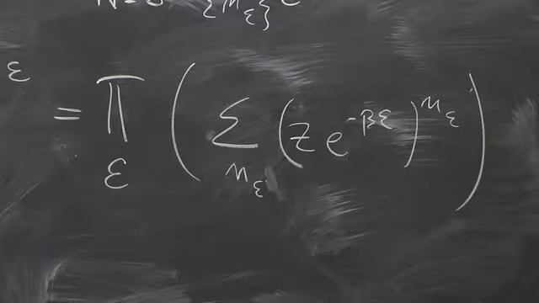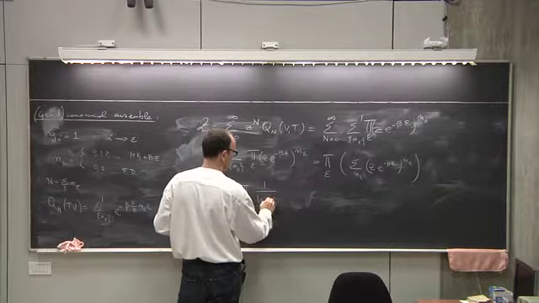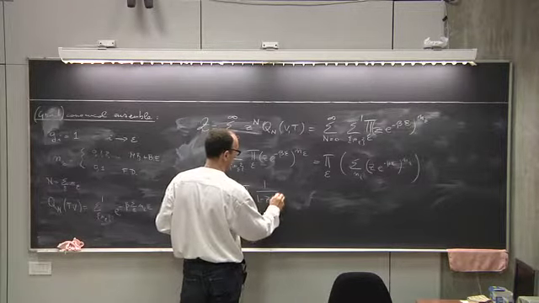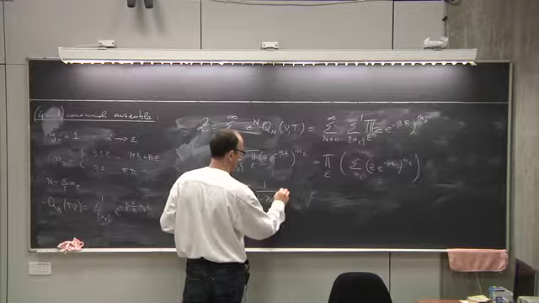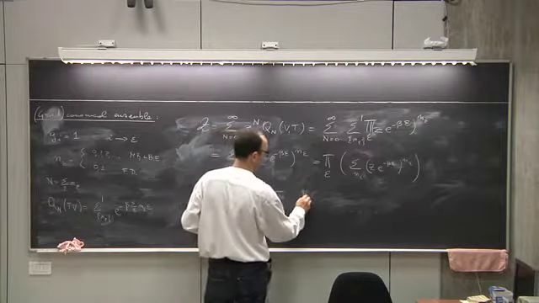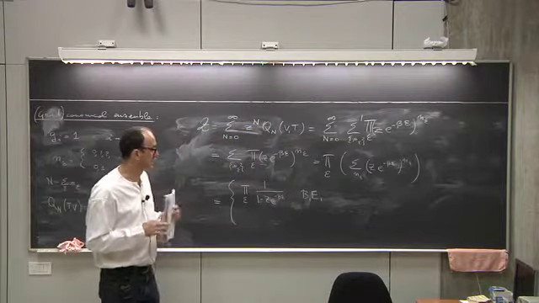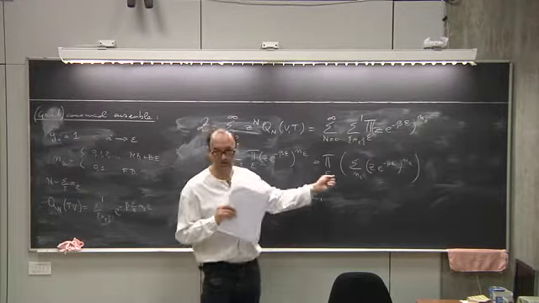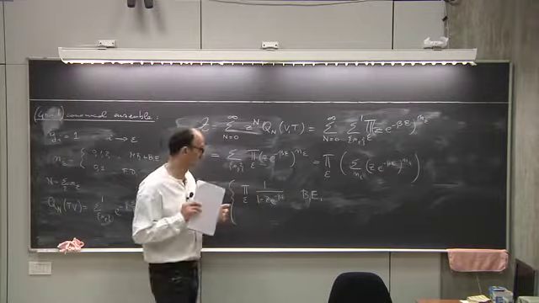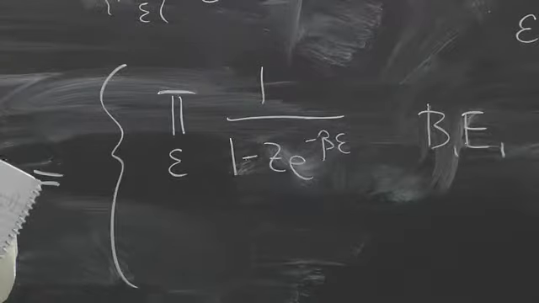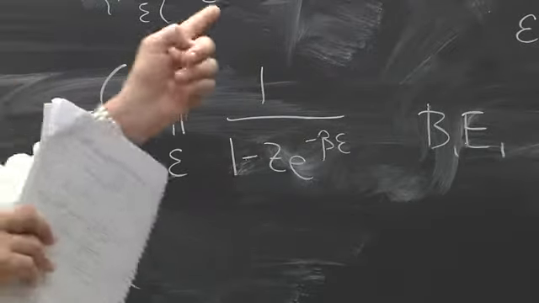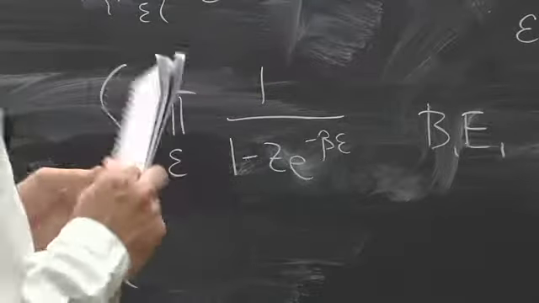So this is a product over epsilon of 1 over 1 minus z e to the minus beta epsilon, for the Bose-Einstein statistics. Whereas in the case of the Fermi-Dirac statistics, I have to consider just the first two terms. So this is 1 plus z e to the minus beta epsilon.